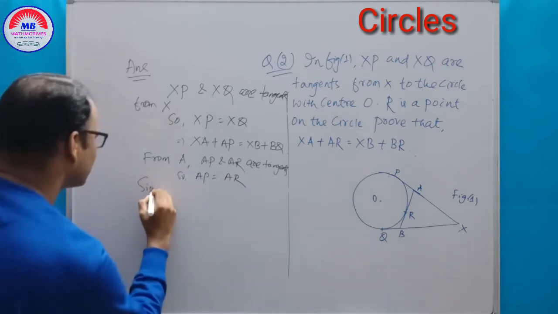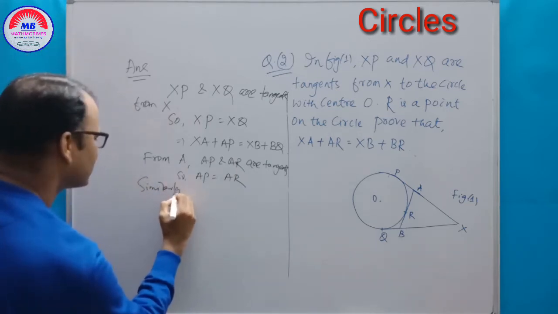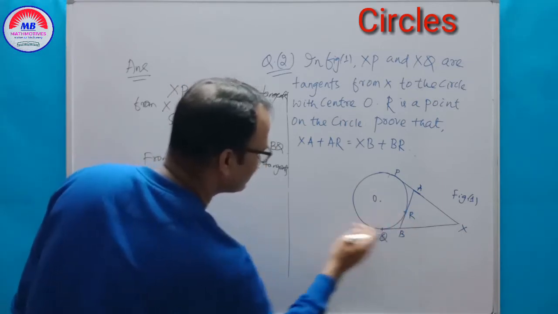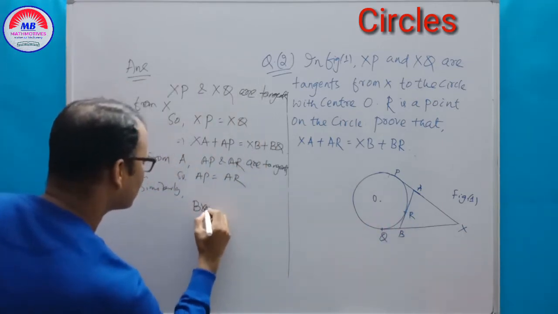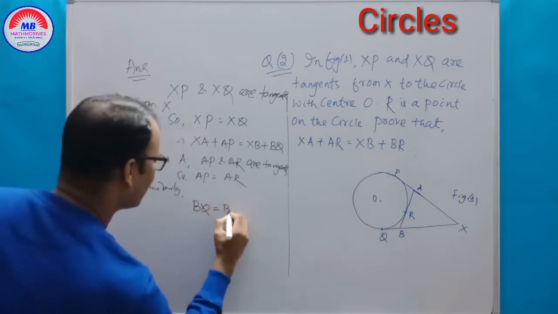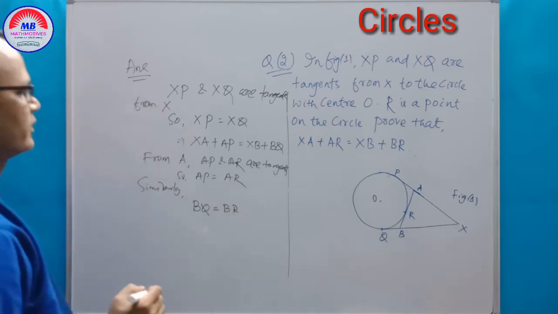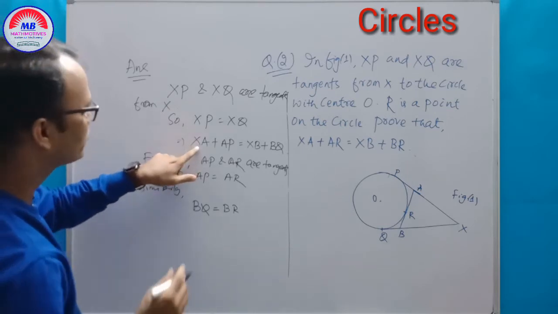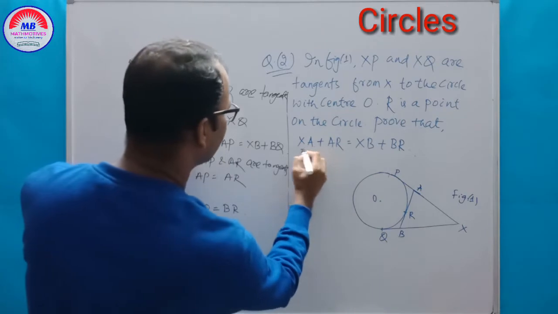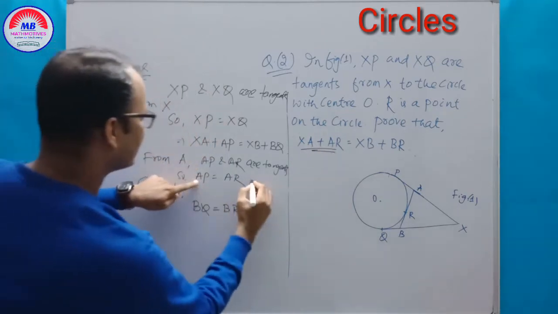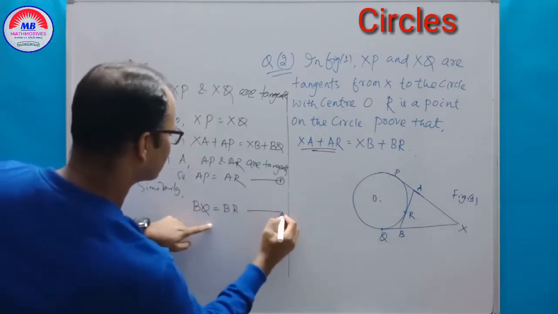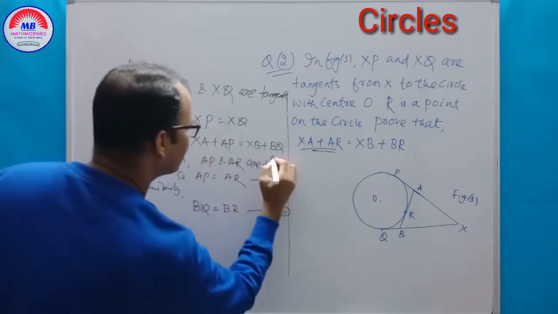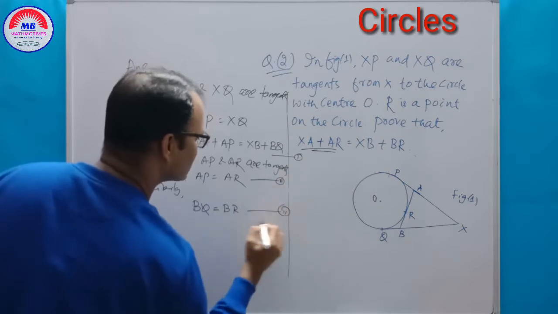Similarly, from B, two tangents, BQ is equal to BR. Now see what to prove: XA plus AR. This is equation 1, this is equation 2, this is equation 3.